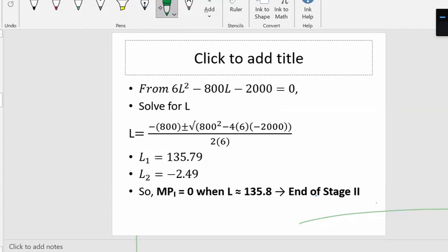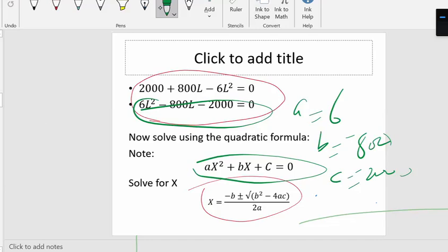Yeah, substitute hapo. Utapata 135 na hii hapa. Sawa? Manake hapa kuna minus hapa. Sababu ile b ilikuwa ni minus 800.